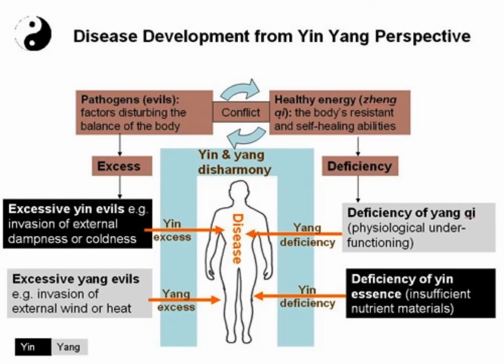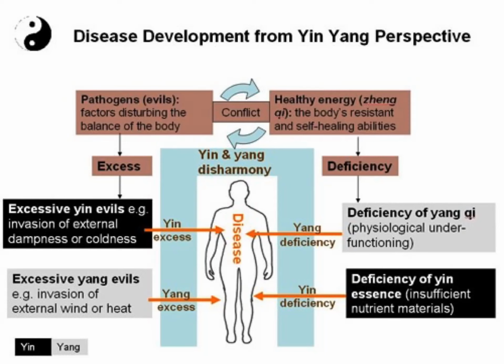So when you have the predominant, like if you have the pathogen invading, okay, that's actually called excess. When you have a very weak immune system or a very unhealthy Zheng Qi, then you will have deficiency.